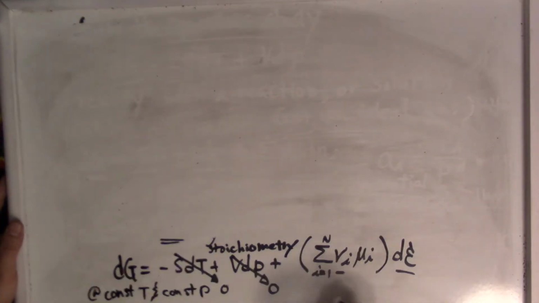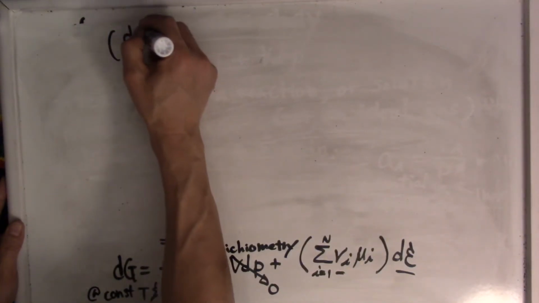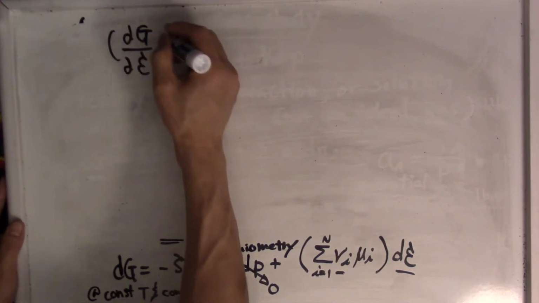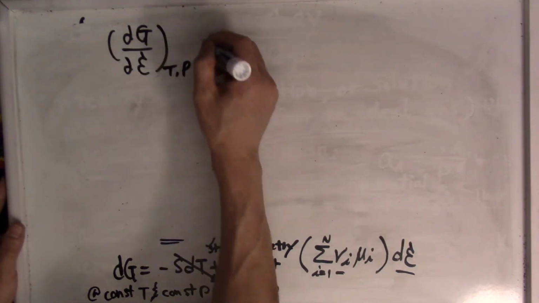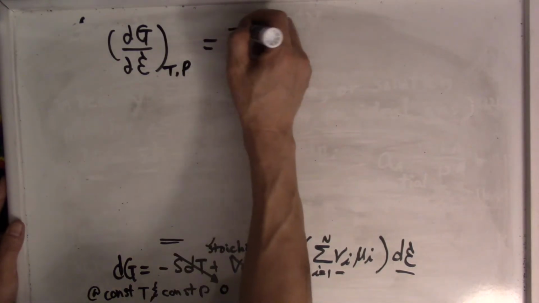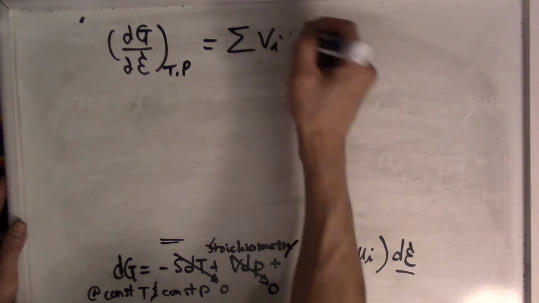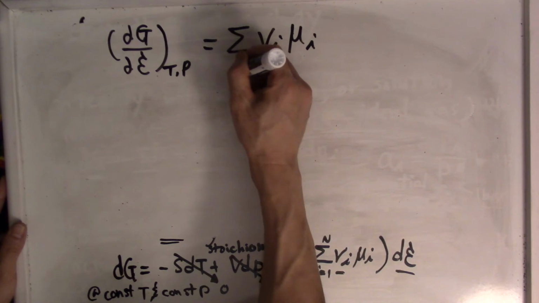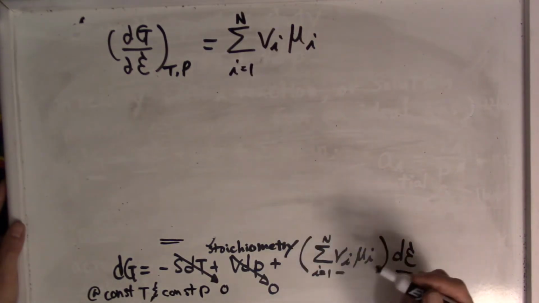Then this part right here, you can just write it as dG divided by d extent of reaction, while T and P is held constant, is equal to what's left, which is the sum of the stoichiometry times the chemical potential. Again, how it gets here is not that important. Just take my word for it.